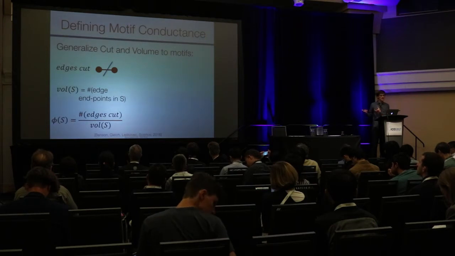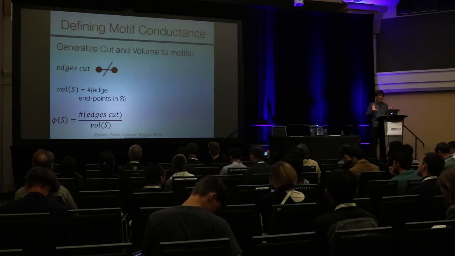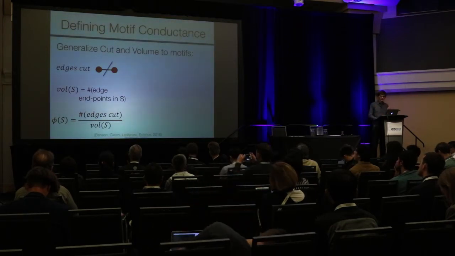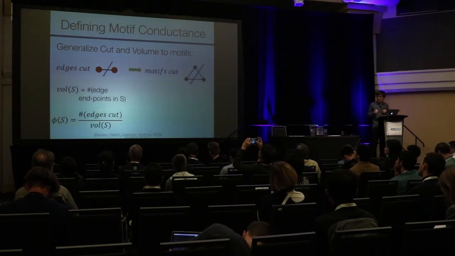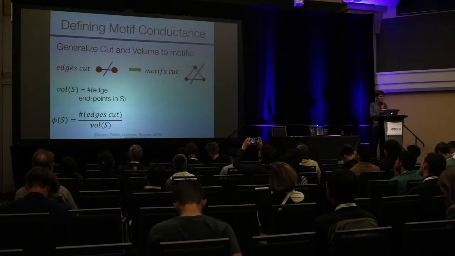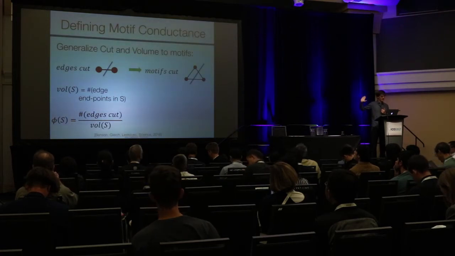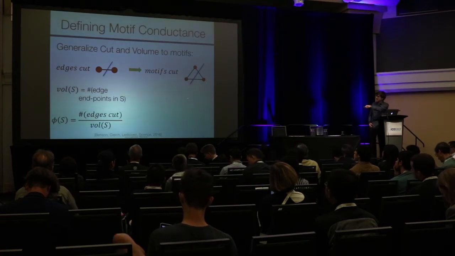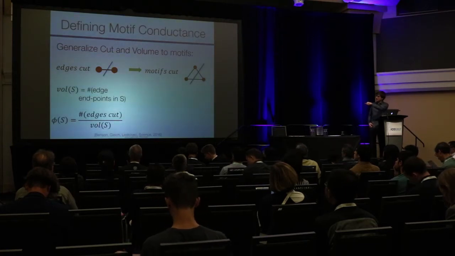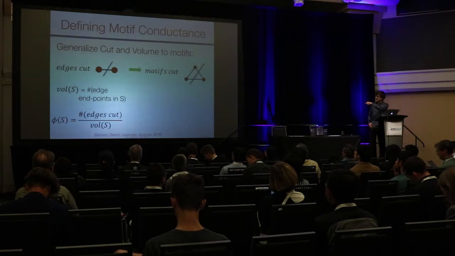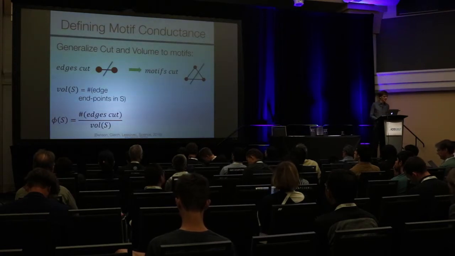Now how would I generalize this to subgraphs, to motifs? The generalization is very natural. Rather than saying how many edges do I cut, I now ask how many motifs of interest do I cut. If I'm interested in triangles, here is an example of how a triangle can be cut: 2 nodes belong to the cluster and 1 node does not belong to the cluster, and so we are cutting the motif.